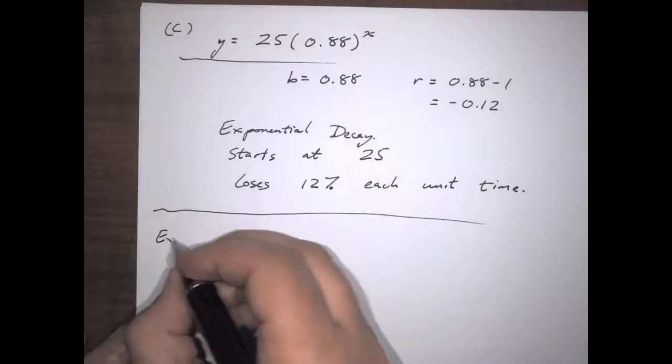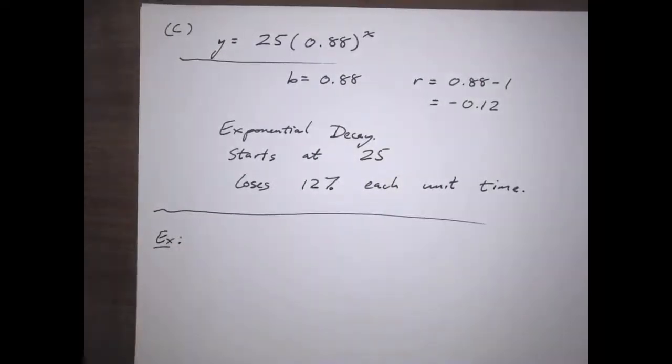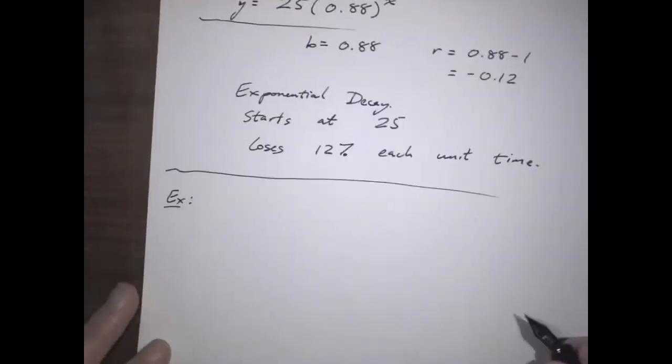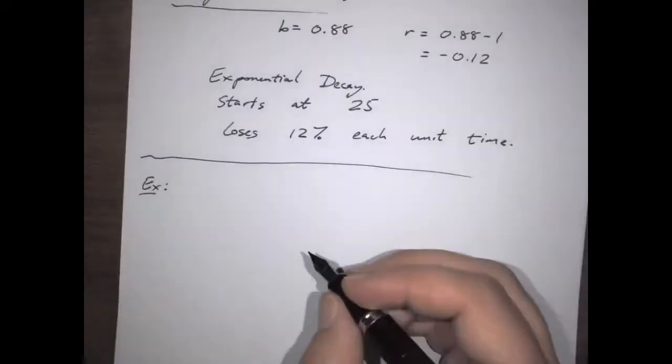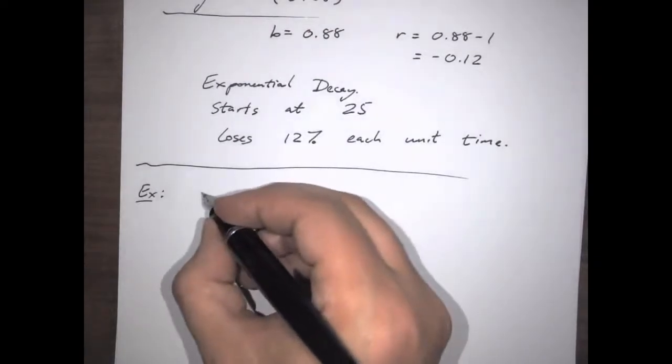Now here's another example. We could have specific populations of things and compare them. So let's say we have two populations.